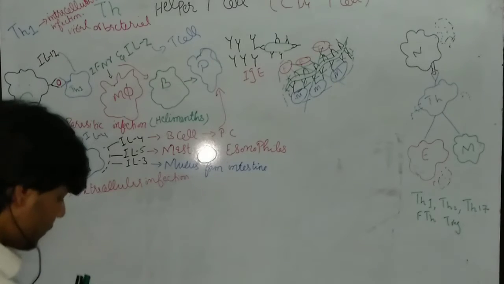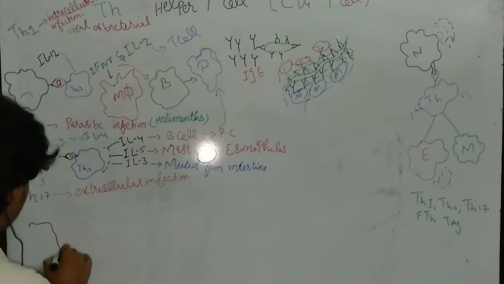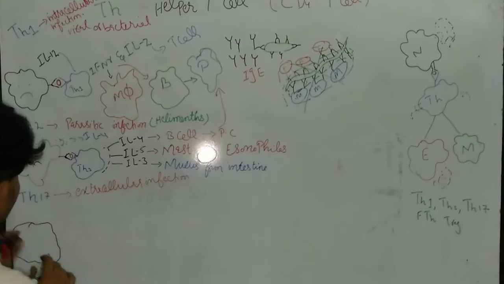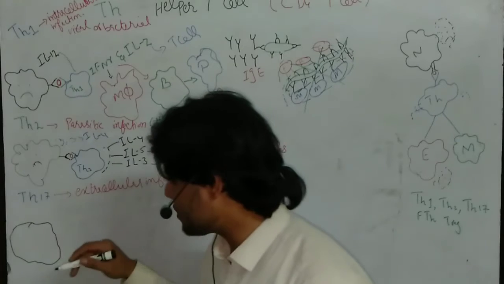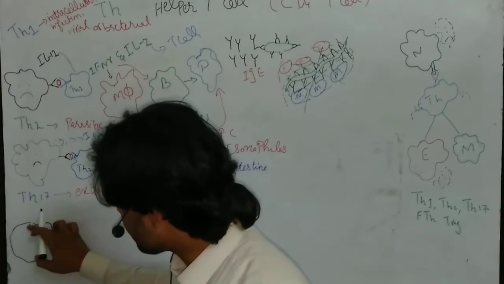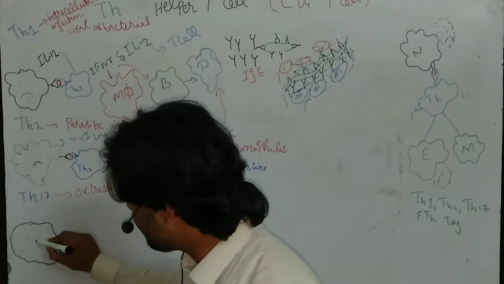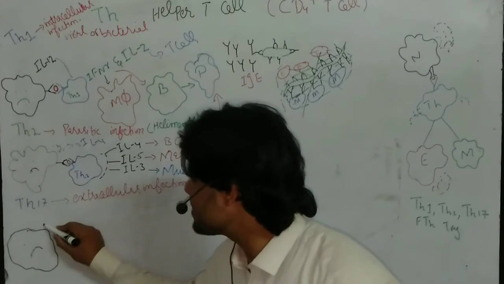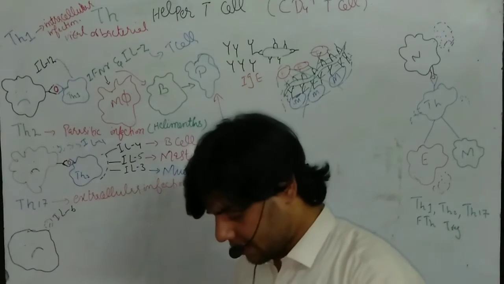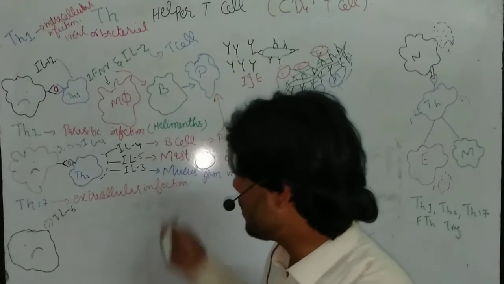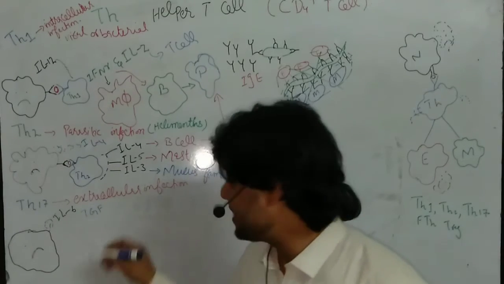Let's suppose again in this case, let me draw the normal cell here. If this normal cell gets infected by bacteria or viruses, it will secrete interleukin 6 and transforming growth factor beta.